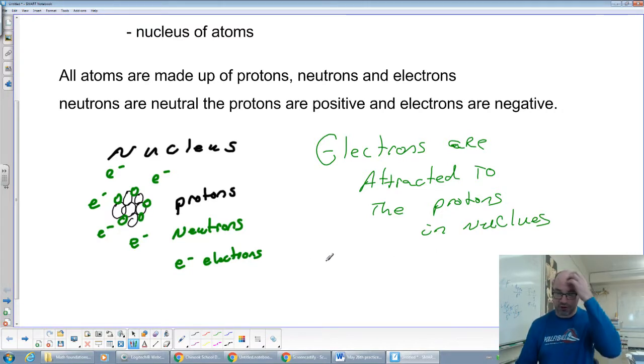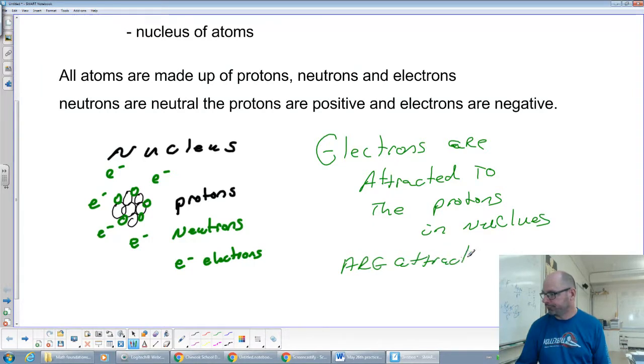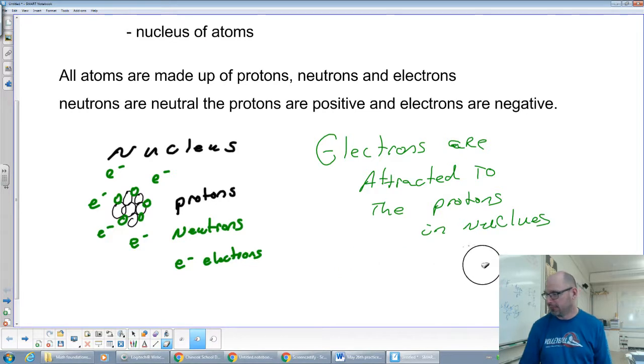Or, well, we'll just call it electric force because it's not magnetic. I just got used to saying electromagnetic last unit. They are attracted by electrostatic force.